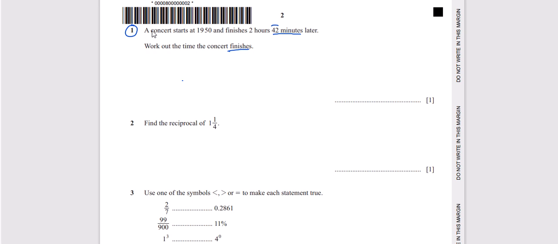If we add 10 minutes to this time, it is equal to 20 hours, and the remaining is 2 hours 32 minutes because we added 10 minutes to this time. Add 20 and 2 hours 32 minutes. So the required time is 22 hours 32 minutes.